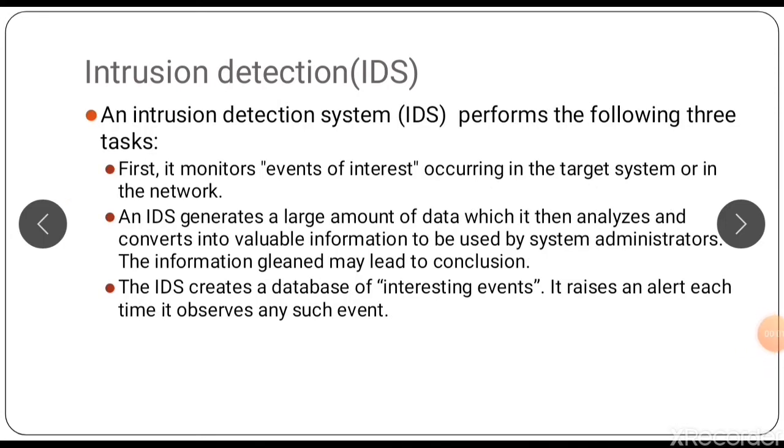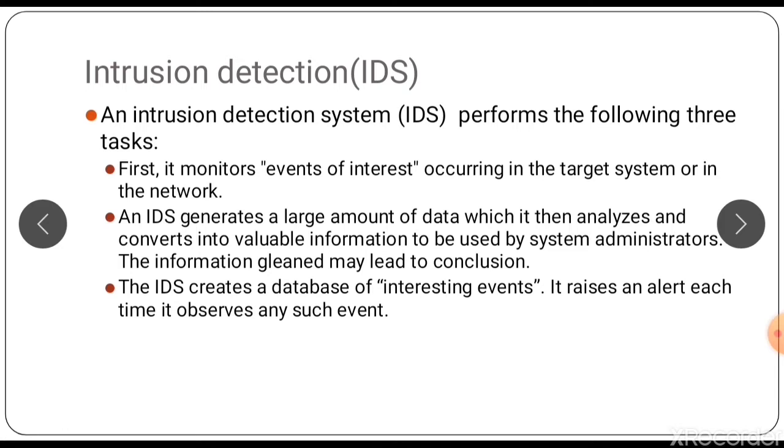Next, we'll see about intrusion detection systems. An intrusion detection system, IDS, performs the following three tasks. First, it will monitor the events of interest occurring in the target system or in the network. An event of interest may be a system call, for example, opening a file containing sensitive data.